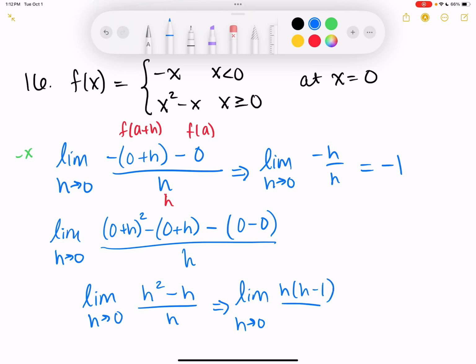And so then when we cancel and we plug in, we get negative 1. So slopes are the same. So we have a tangent.